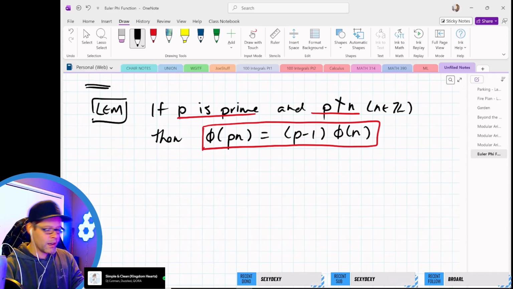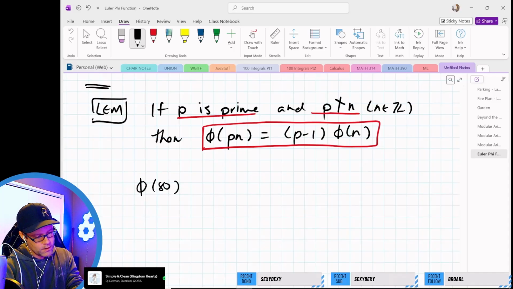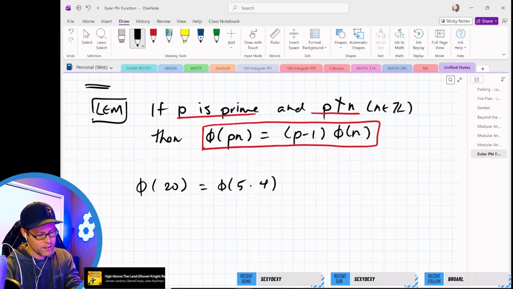Can I pick a reasonable example? So let's take the one from above. Like if I have phi of 80, I don't really want to list 80 things though, so maybe I'll make this smaller, like phi of 20. And we think about this as, we'll grab a prime number that doesn't divide into the leftover stuff.